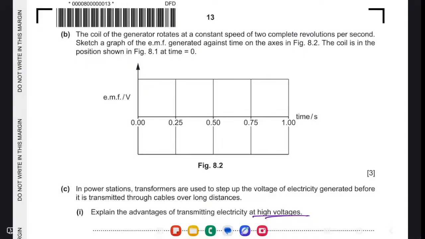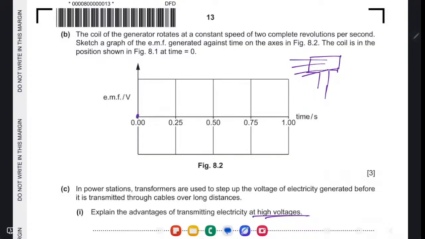When you're looking at a diagram, when do you get the max and when do you get zero? We hate it when the fields have nothing to cut, if I can say that. If the field is going through, then there will be zero EMF induced. So if your coil is like this, and your field is just going through it, then EMF induced is zero.